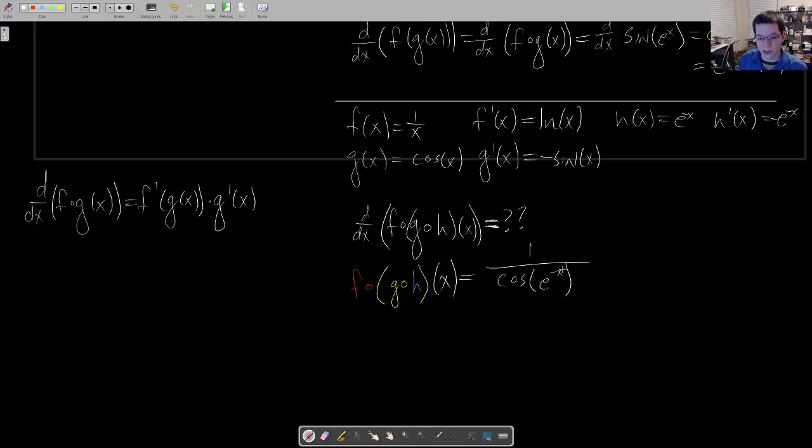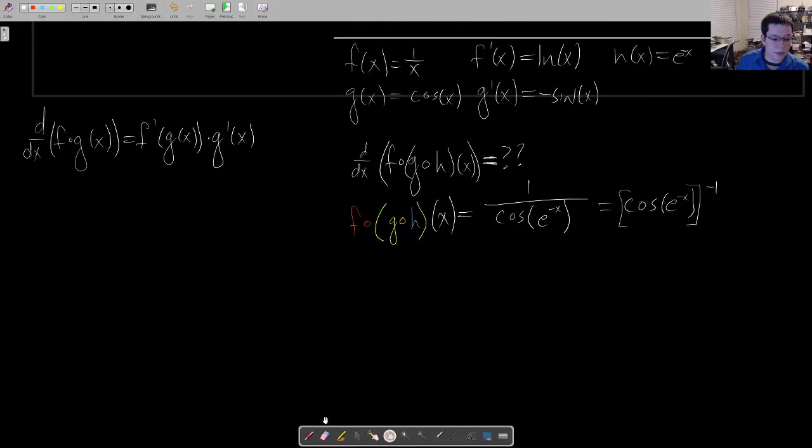So that's our function that we want to find the derivative of. Now we can rewrite this a little bit and do cosine e to the negative x to the negative 1, not to be confused with the inverse function. That does get confusing. It's an unfortunate notation, but it's one we kind of got to deal with.